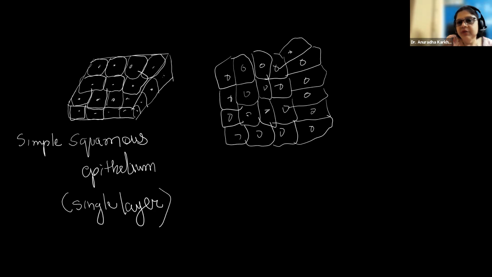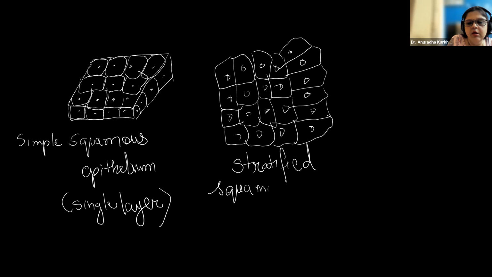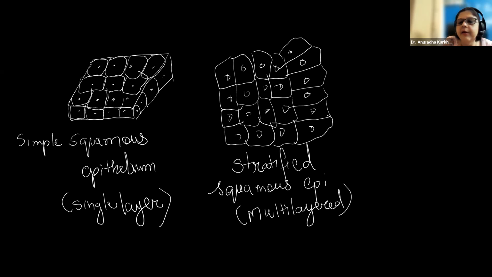Can you see how they have stacked one above the other? So this is going to be called stratified squamous epithelium, which is multi-layered.